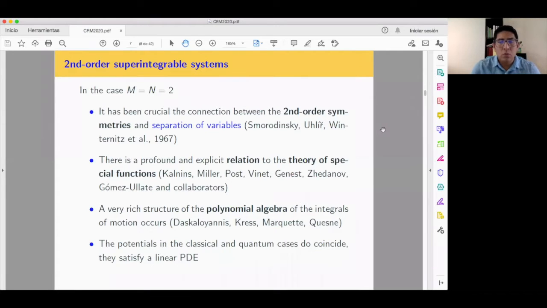In the last two talks in the seminar, we heard about the beautiful, profound relation between such systems and the theory of special functions. Moreover, I should emphasize, there is a very rich structure of the polynomial algebra generated by the integrals of motion. Another important feature is that for second-order superintegrable systems, the potentials in the classical and quantum cases coincide, and they satisfy a linear partial differential equation.